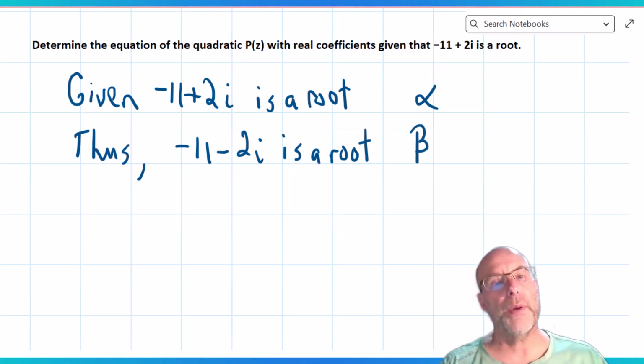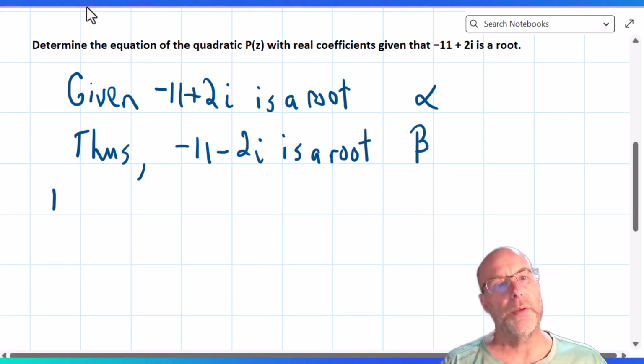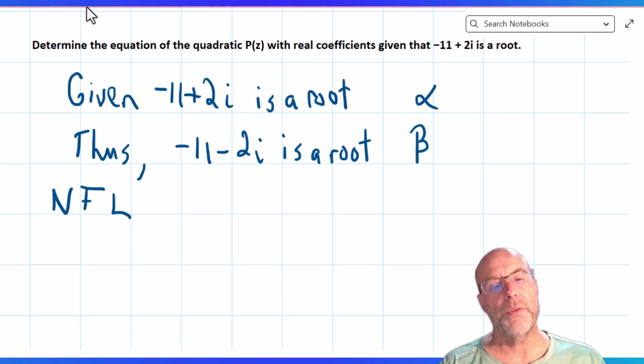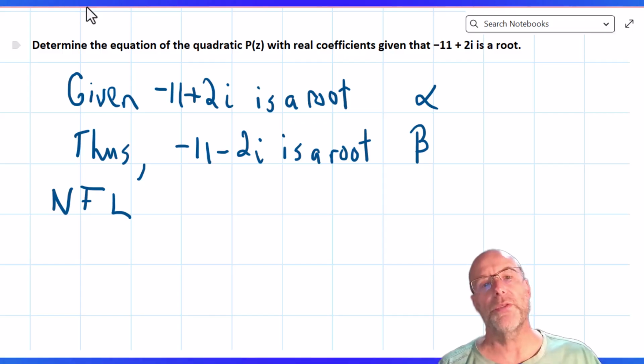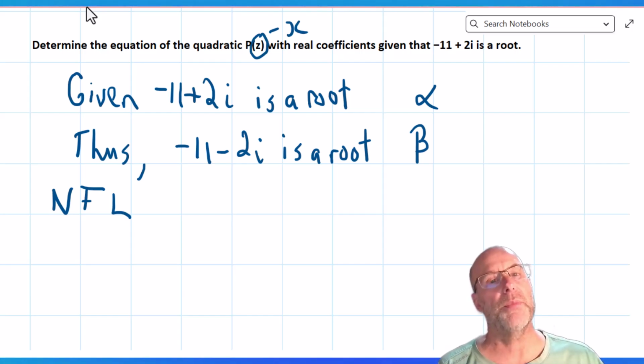Now, if we think about what we've done with quadratics before, and things like the null factor law, you might have seen things in terms of x before, or z. It works the same way. Z suggests complex numbers, but we can use x as the pronumeral, no problem at all.